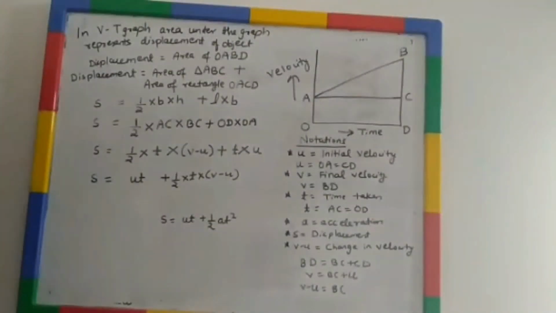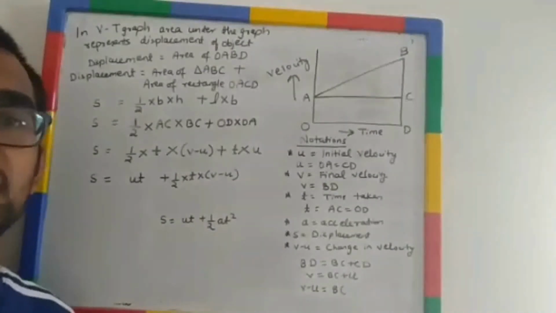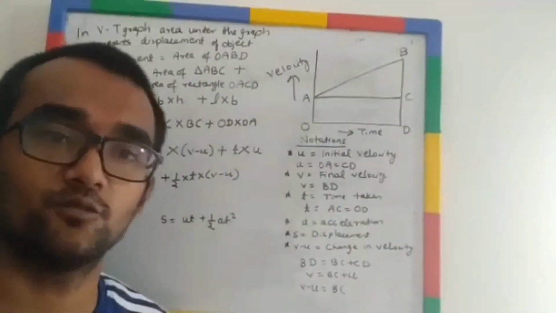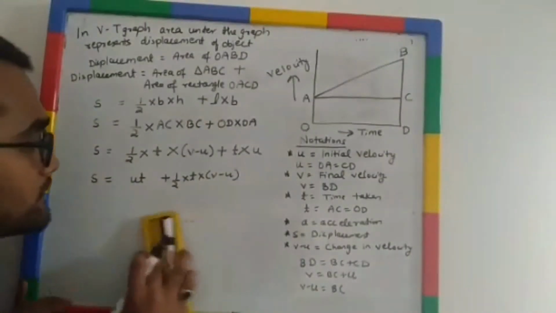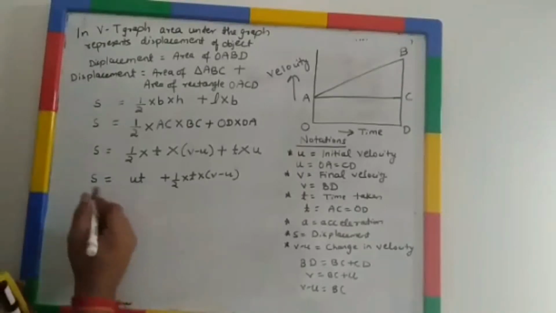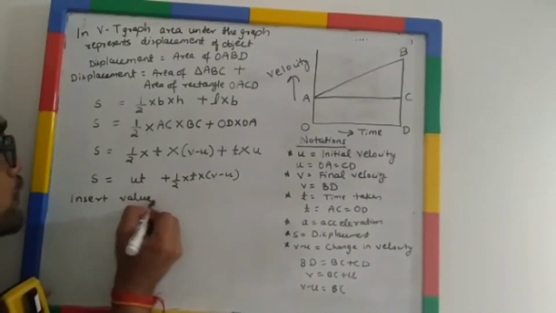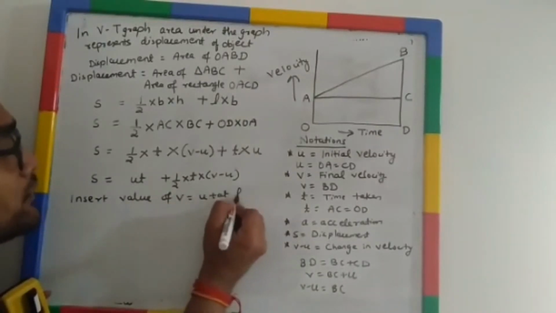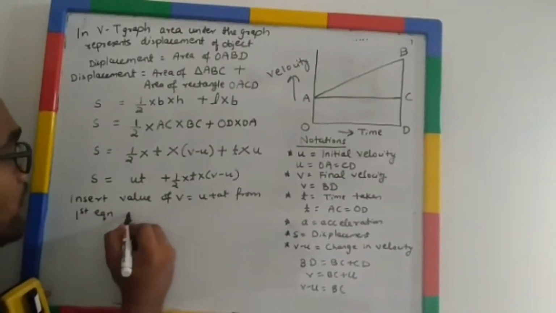Now, how can we eliminate V? We can eliminate V by inserting the value of V from the first equation of motion. So, insert value of V is equal to U plus AT from the first equation of motion.